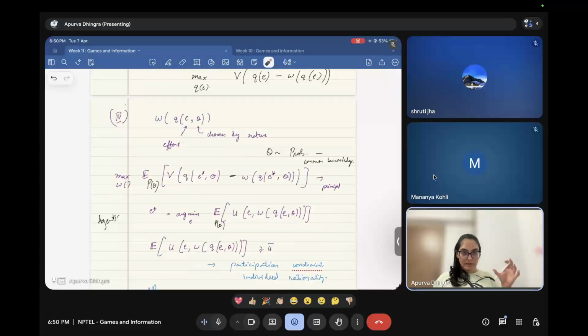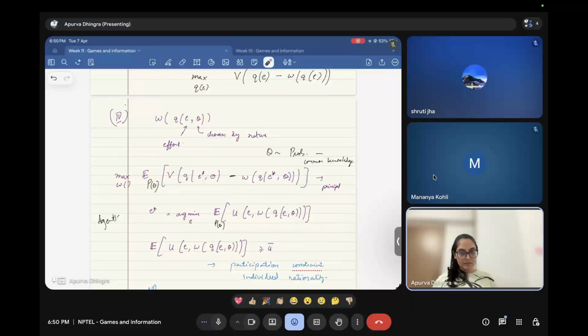So a lot of dependencies are there, some implicit dependencies in fact. The argmax of this expected utility for the agent will give us e star. That's the amount of effort the agent will be willing to put in.